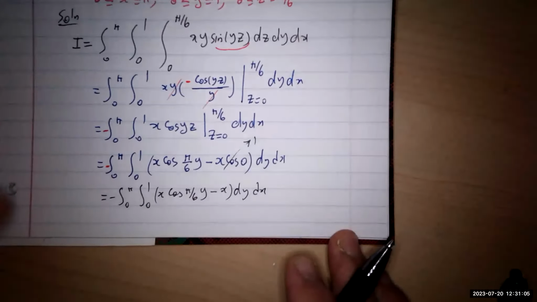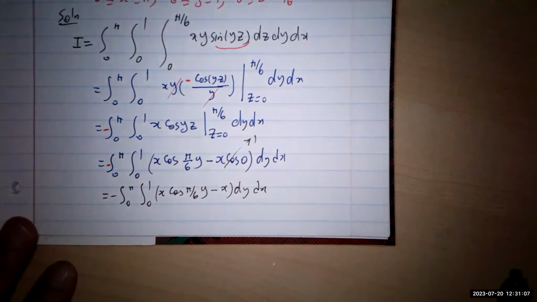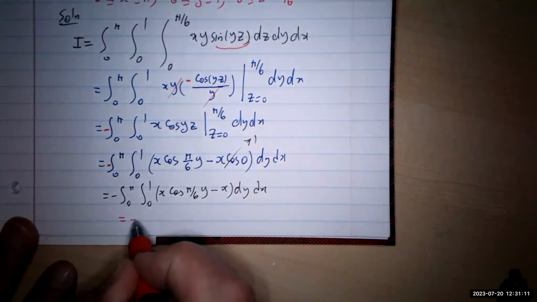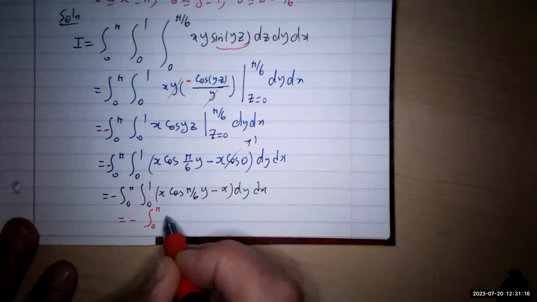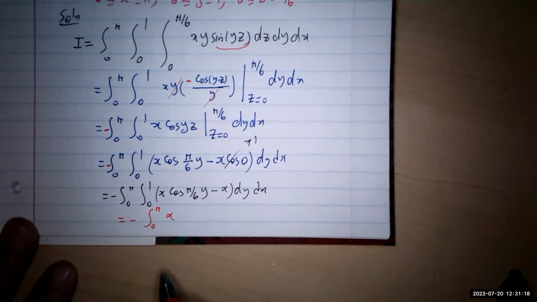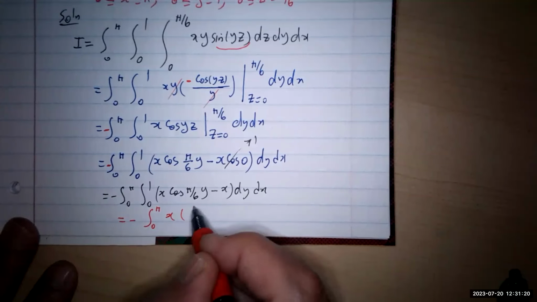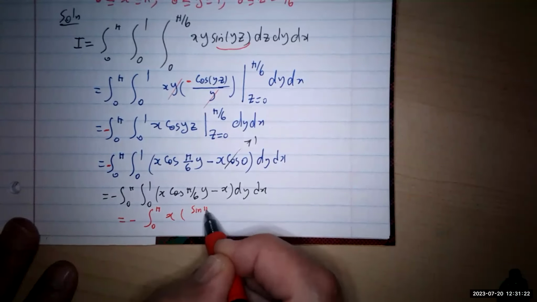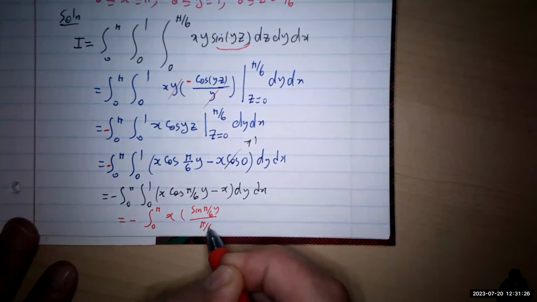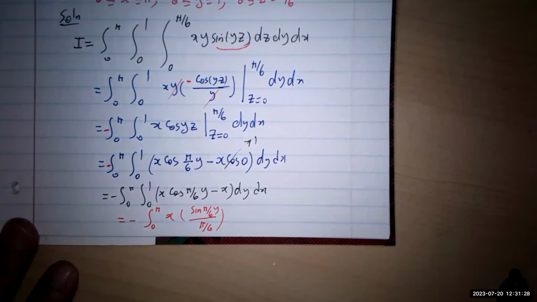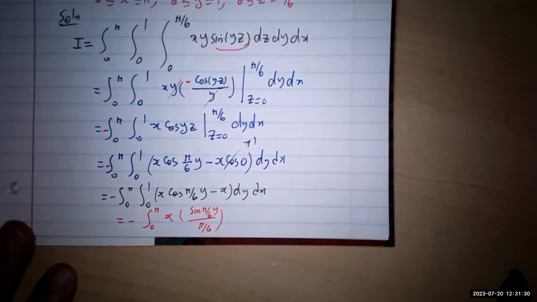And so it's going to be equal to negative 0 to pi. Again, you keep the x, you integrate cosine. Integral of a cosine is sine, but it's a sine of pi/6 y, so you have to divide by u prime, which is pi/6.